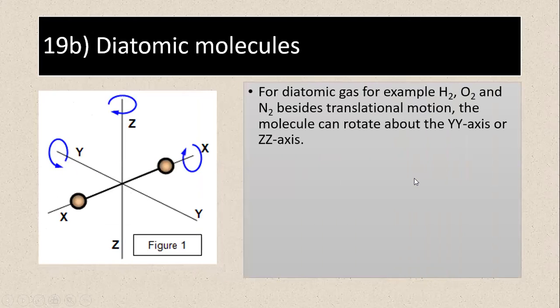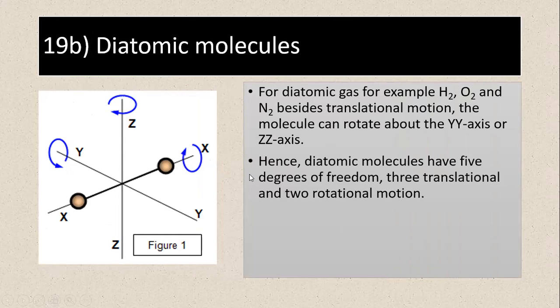Diatomic molecules, for example hydrogen, oxygen, nitrogen. Besides translation, meaning linear motion, molecules can also rotate about ZZ and YY. But about X there is no point because it is very small.